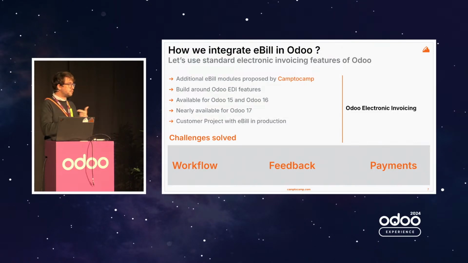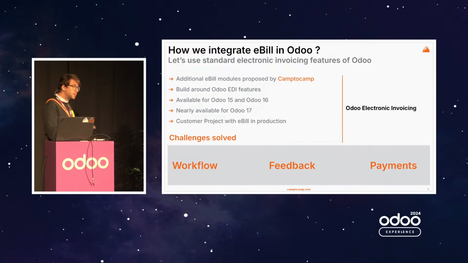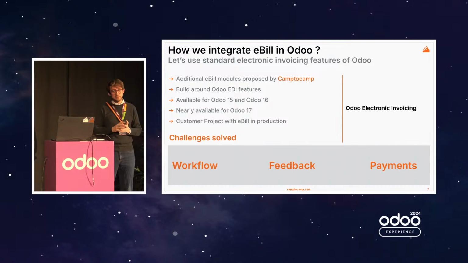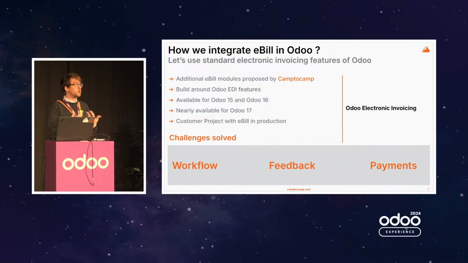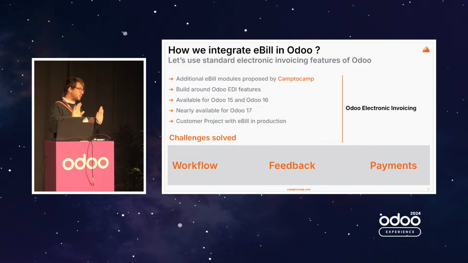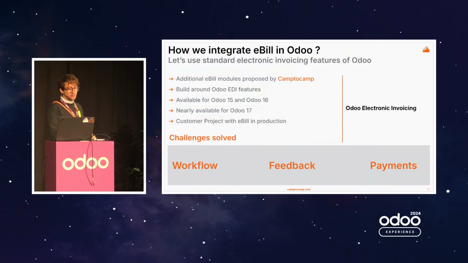So it's very, very fast. And one key thing, you don't quit Odoo. And then payment. So you send it to your customer, you're going to receive the payment, and it's going to be directly in the standard reconcile flow without learning anything new. So it's cool. We had some problems because of the two platforms. We see that with the module that we provided with Camptocamp, we solved that.